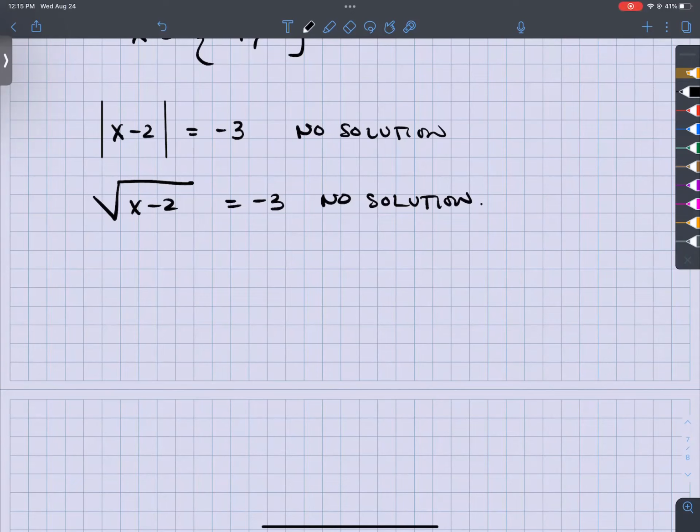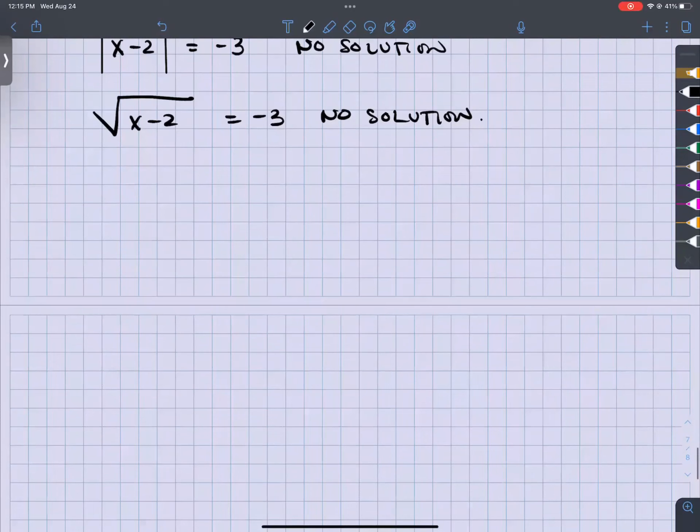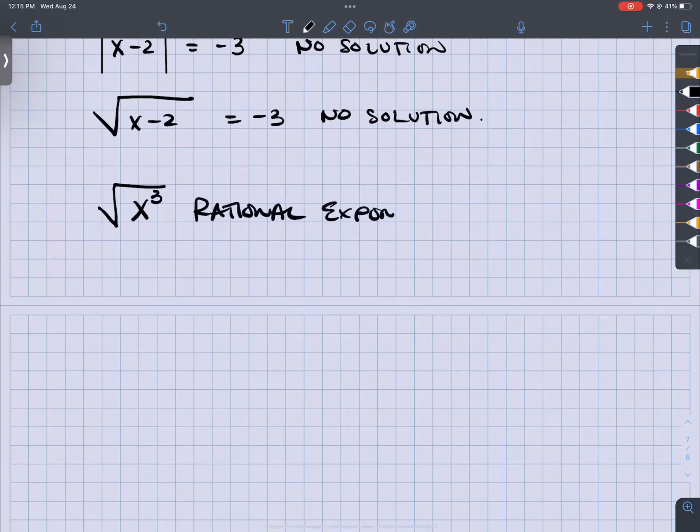Now here's my next question. I should be able to write the square root of x, actually, let's say the square root of x cubed, as a rational exponent.